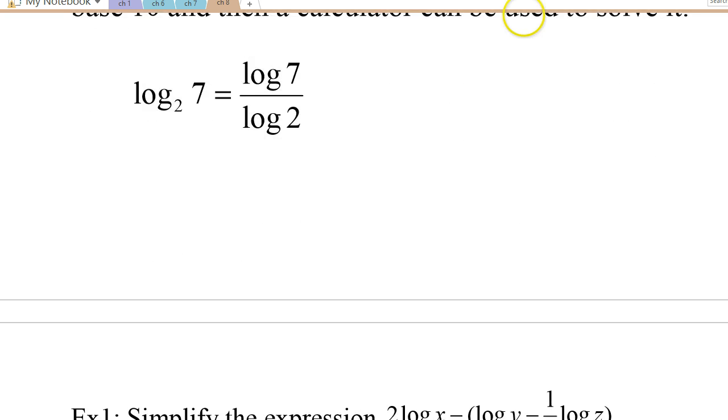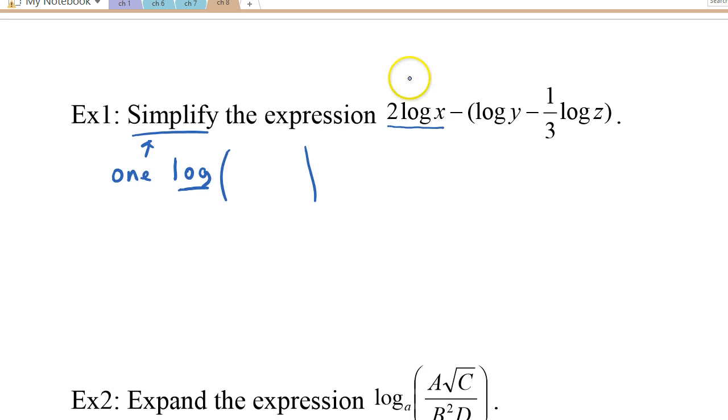So in other words, going back over here, I'm going to rewrite this first one and write it as log of x squared. Okay, so I've done the opposite of that. Minus, now let's look inside of here, I've got log of y. I can't simplify that anymore yet. Minus, let me get a little bit of space here.